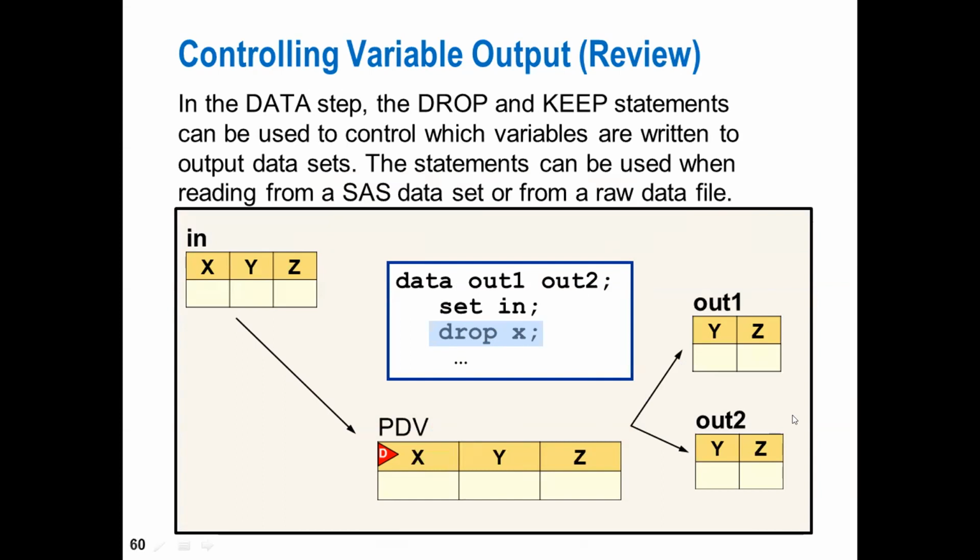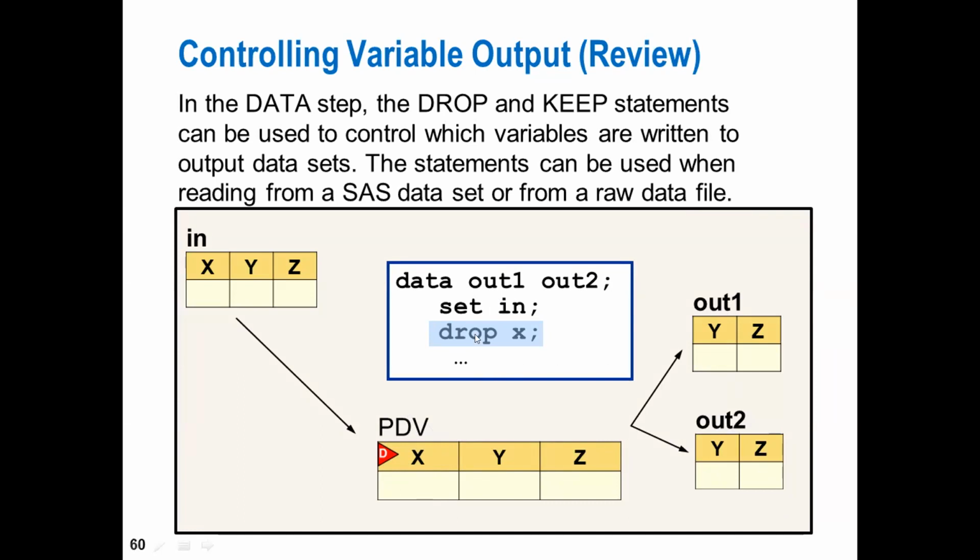So when we are using a keep or a drop statement, now understand it's an example. This is your input data called in, which contains X, Y, Z columns. And you are creating 2 output data sets called out1, out2. So when you write drop X, on the PDV which is created in memory at the time of compilation, SAS is marking a flag of drop on the column X. Thus, X will be dropped for both the output datasets, and the output datasets which are created, out1 and out2, have Y and Z respectively.